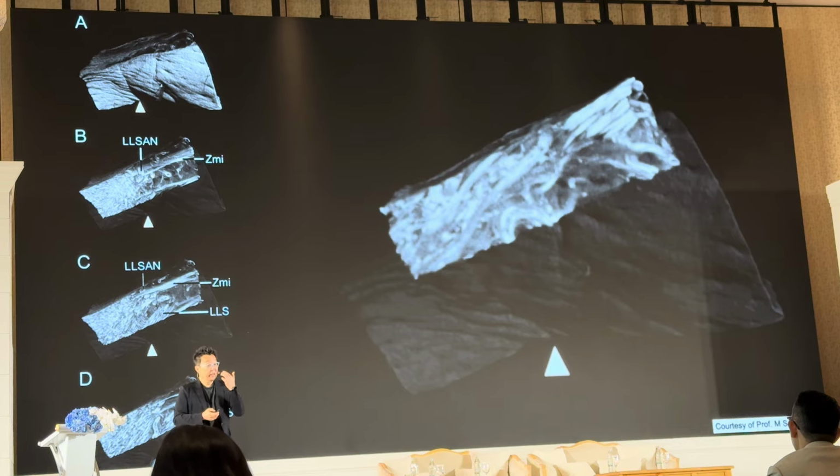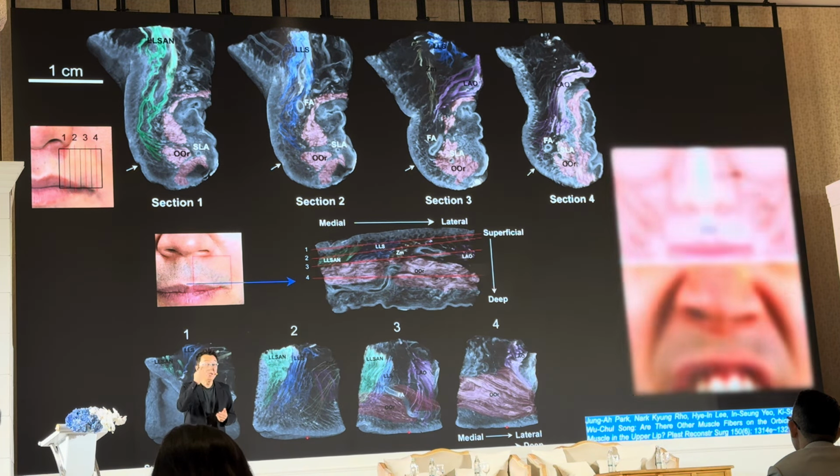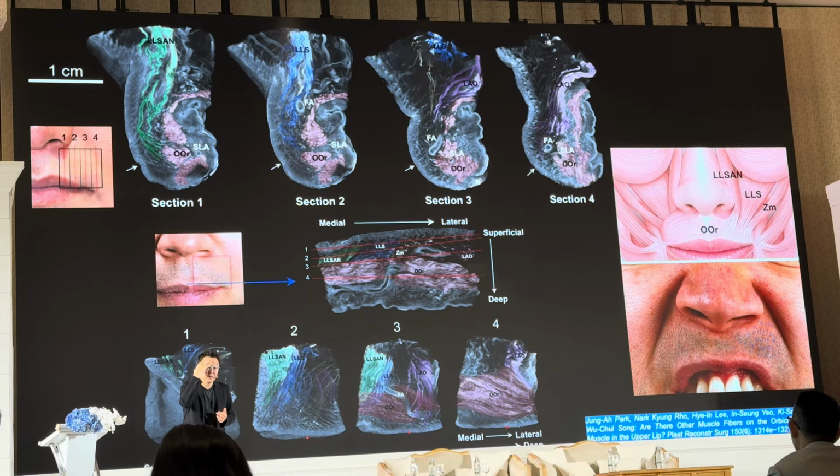But on the upper lip areas, these muscle fibers pass the lateral fold and cover the very superficial layer of the lips. From the LS, from the zygomaticus minor, they occupy the very superficial layers above the orbicularis muscles.